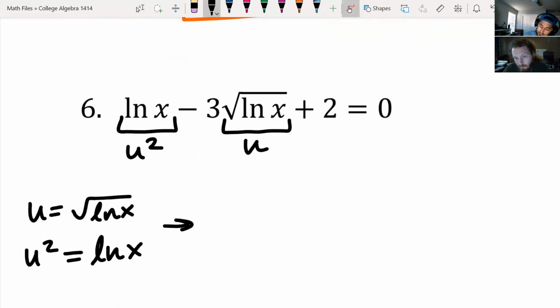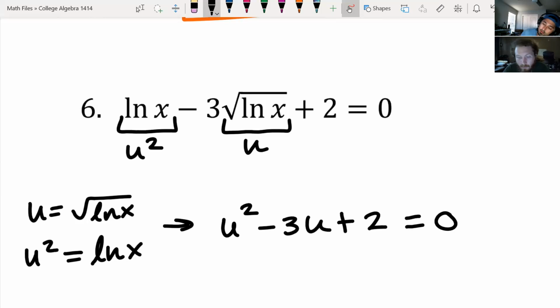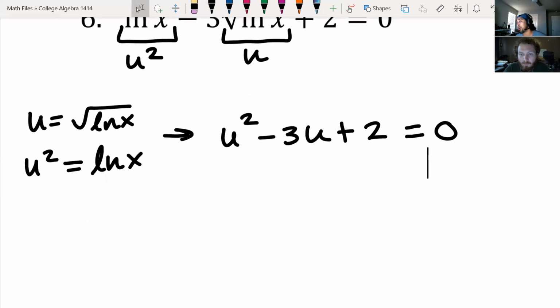Okay, which means we have u squared minus 3u plus 2 equal to 0. Okay, which makes this problem a lot easier.